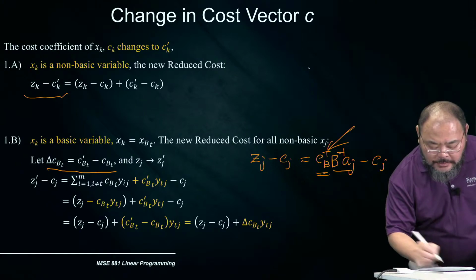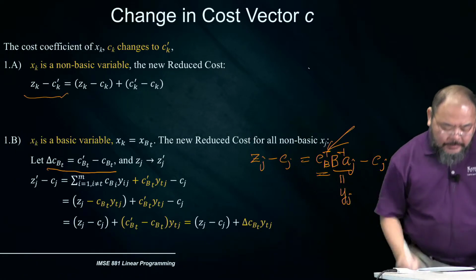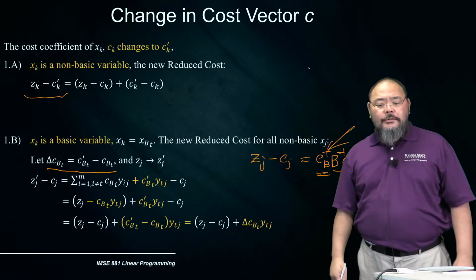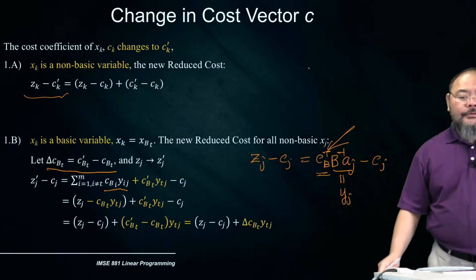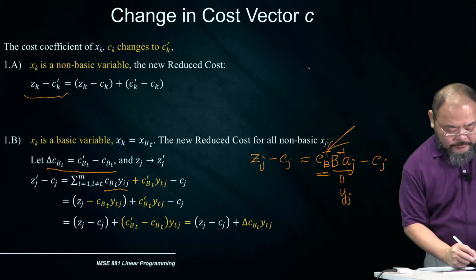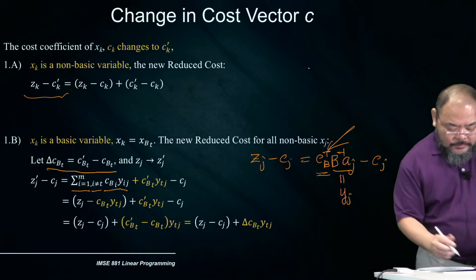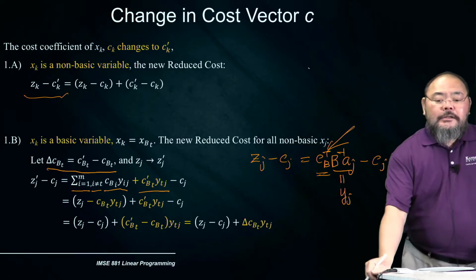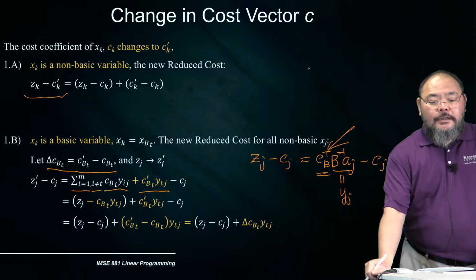Because B inverse times Aj equals Yj. So actually, for the original, non-changed part, we take the summation from i equals 1 to m, but i not equal to t, where t is the one whose cost coefficient changed. Then we add that term, cBt prime times Ytj, so that item changes, minus cj.